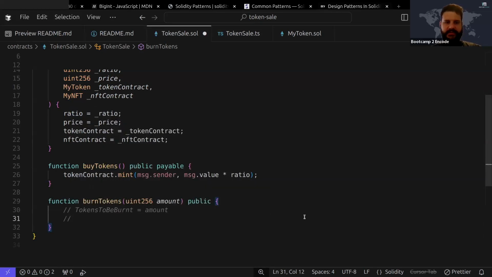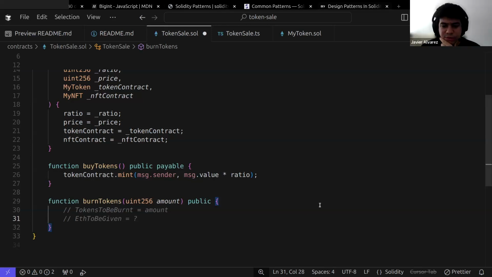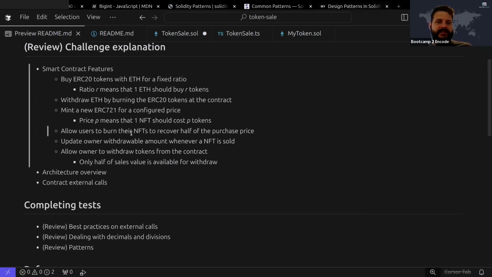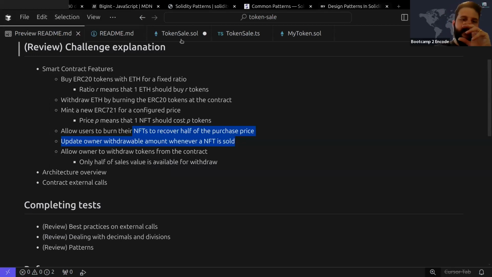And what is the amount of ETH to be given? How much ETH? Not half yet. That would be for the NFT; we are not going to have time to get there. It would be nice to evaluate the price and more.